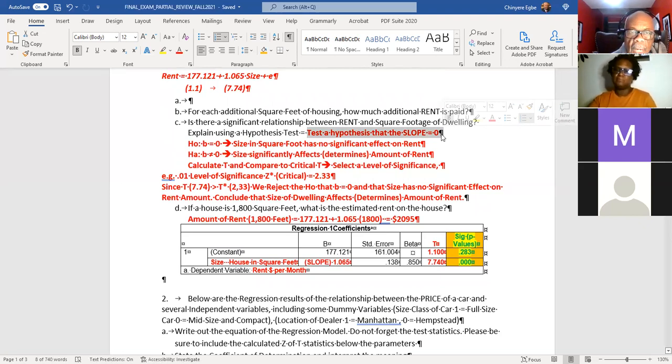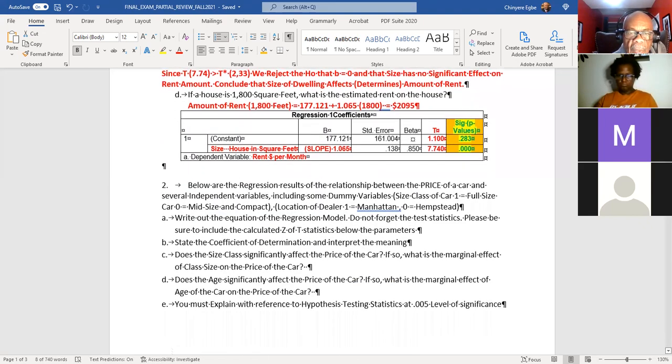So you have to state your hypothesis, select your level of significance, select the critical value of T or Z, and then proceed to apply the decision rule. And I need to see you applying that decision rule.